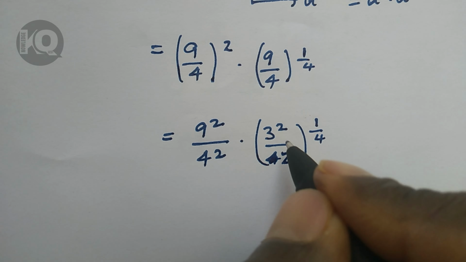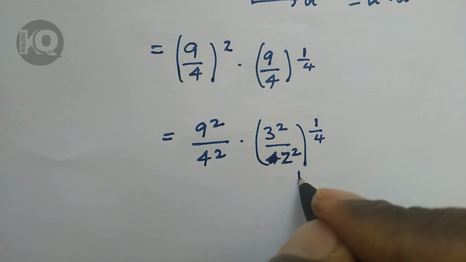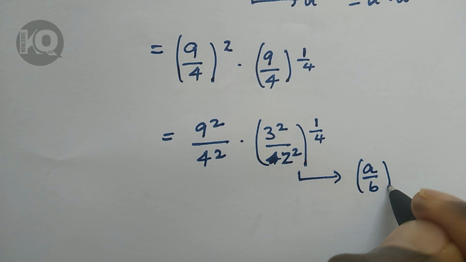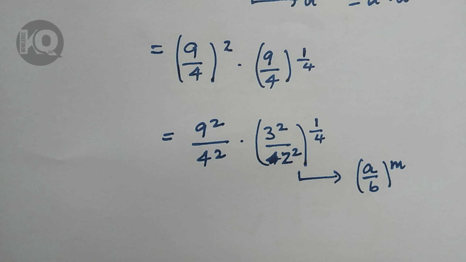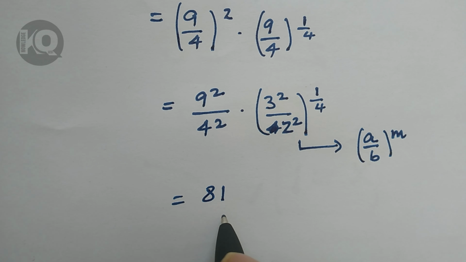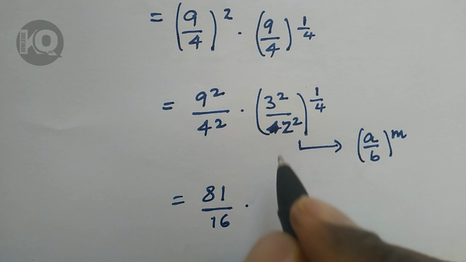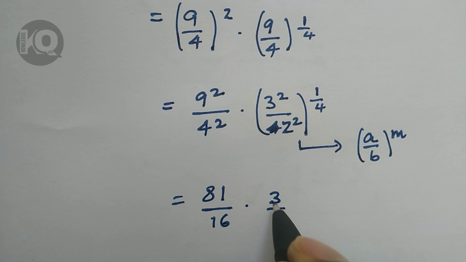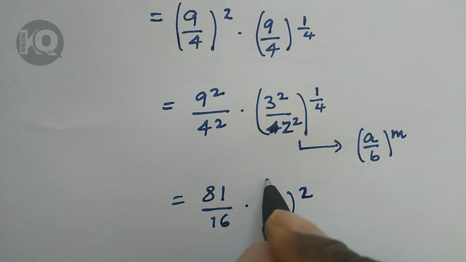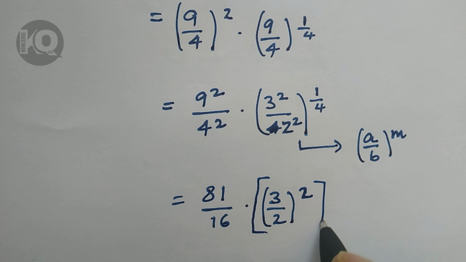Now we can rewrite this one as (a/b) to the power of m. So this will be 9 squared is equal to 81, divided by 4 squared is 16, times (3/2) the whole squared, times the power of 1/4.